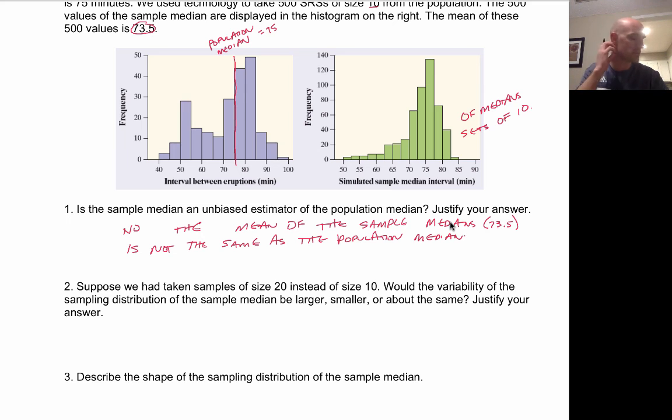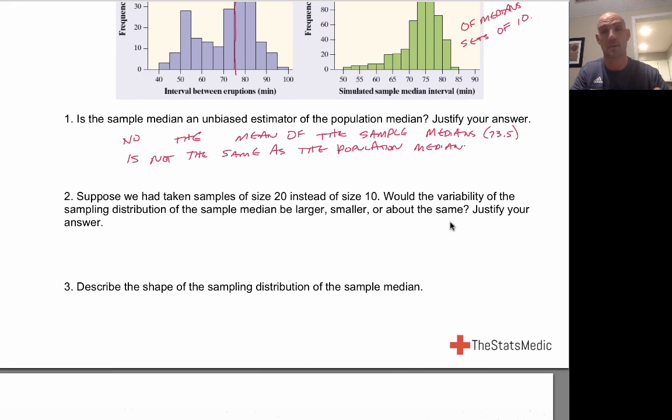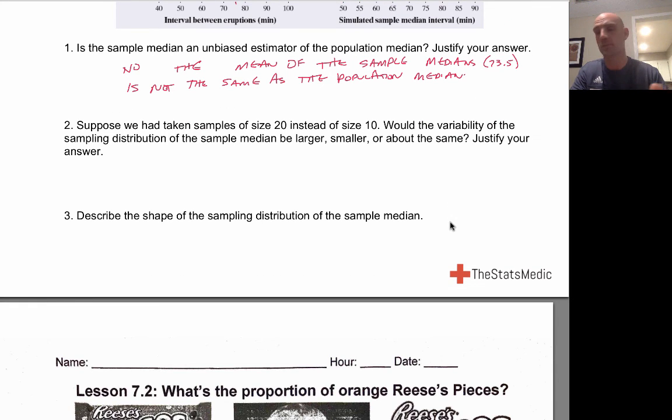Okay, it's not the same as the population median, so we can't say that's an unbiased estimator because it's not the same. It didn't match. We didn't take large enough sample sizes or whatever.